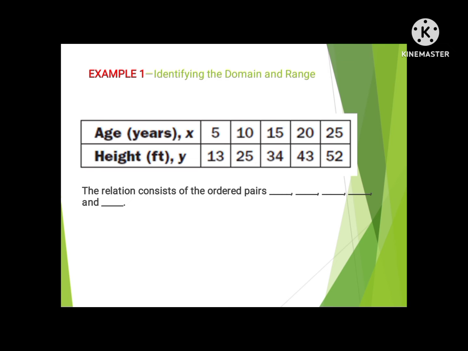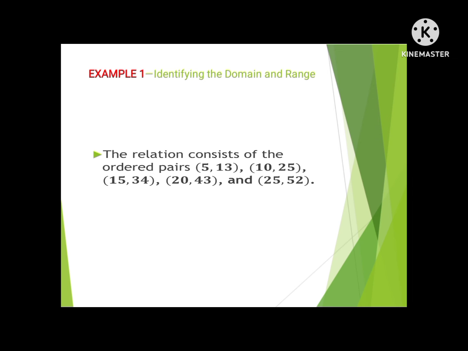The relation consists of ordered pairs. And what are those ordered pairs? Those ordered pairs are 5 and 13, 10 and 25, 15 and 34, 20 and 43, and last, 25 and 52.